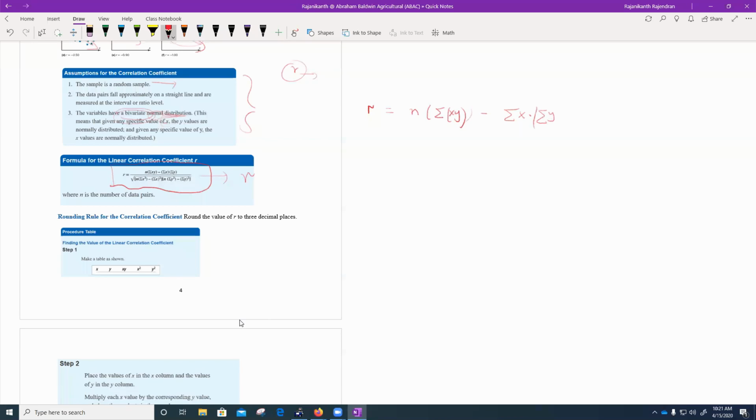Okay. So these are two different things. Then after getting this answer, you are dividing it all by the square root of, right, what? n times the sum of x squared, right?